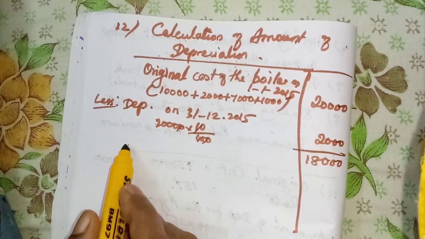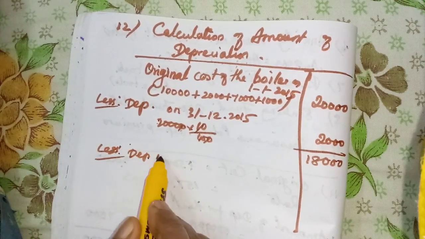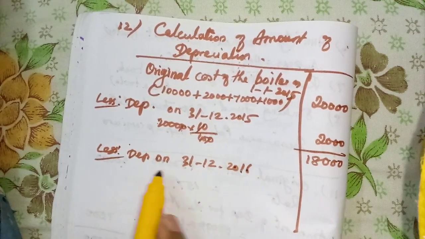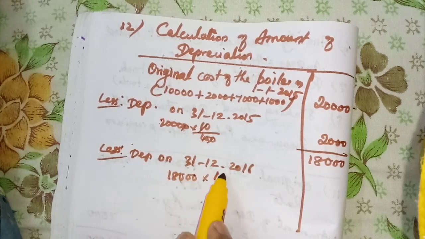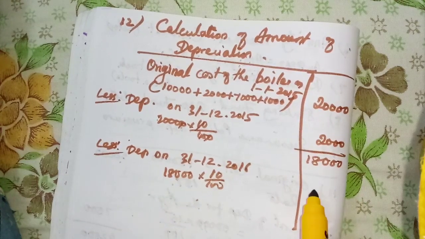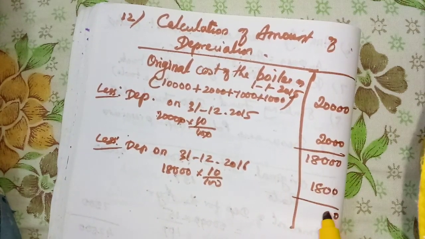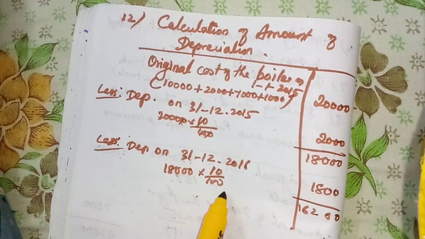So second year depreciation. Okay. On 31/12/2016, from this 18,000 we need to calculate. Okay, so 1,800. 16,200.